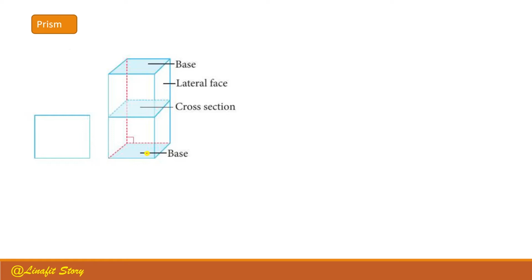A cuboid has a uniform cross-section. Any horizontal cross-section of the cuboid is parallel to the bases and is a rectangle that is identical to them. The faces, other than the bases, are the lateral faces of the cuboid. A cuboid is an example of a prism.